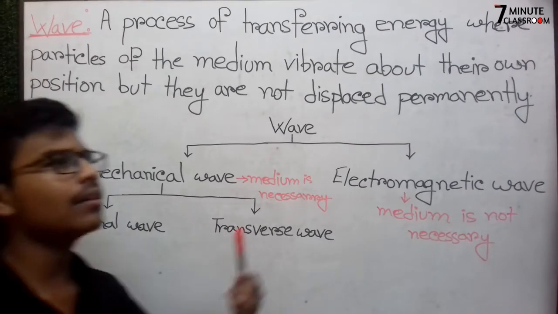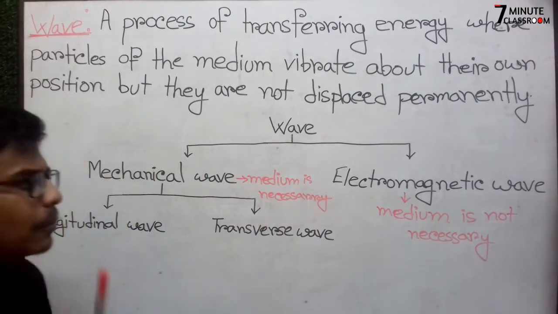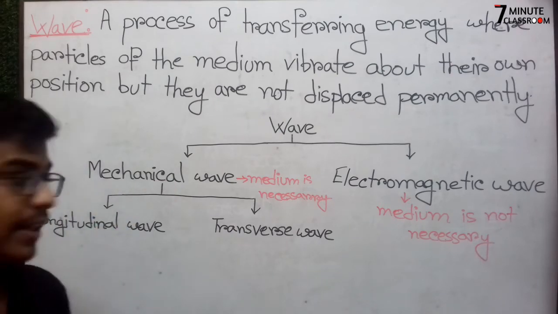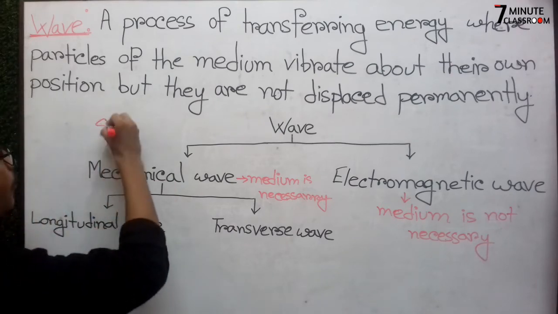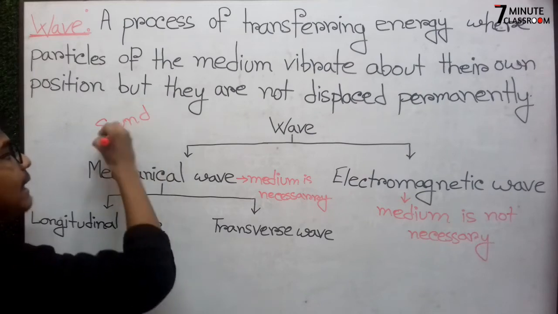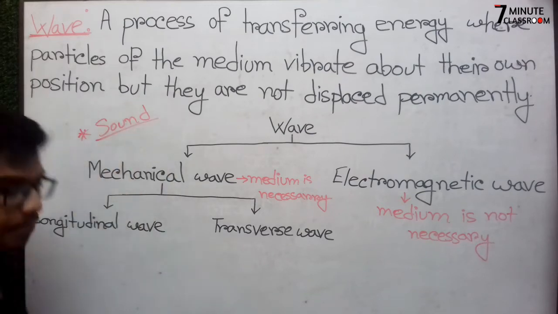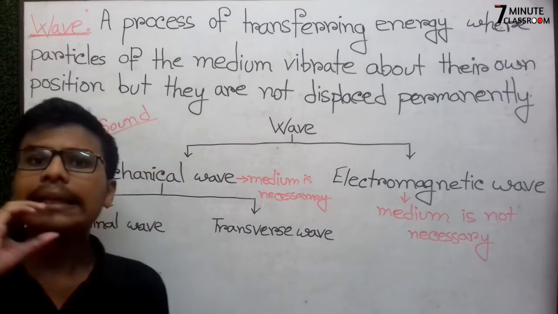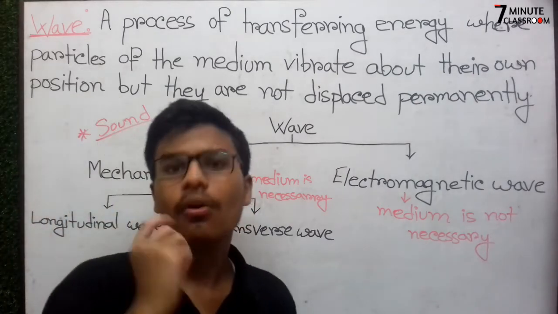If I give some examples, it will be more clear. In a mechanical wave, a medium is necessary. Sound wave: in a sound wave a medium must be needed. Now I am talking with all of you, and it is recorded in the microphone of my mobile.